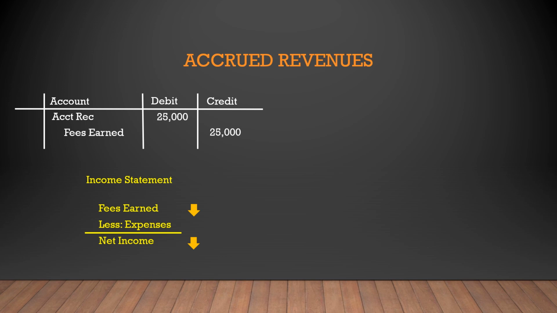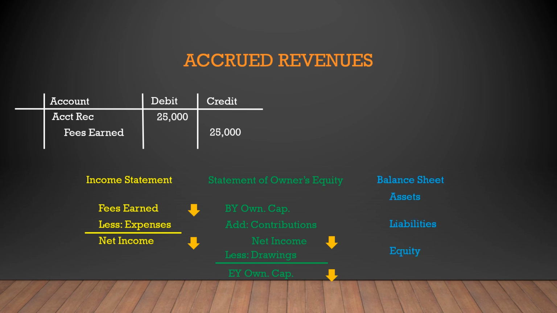Next, we build our statement of owner's equity, in which we start with beginning owner's capital, add in our contributions and our net income from the income statement, and subtract drawings. The understatement of net income will flow through here, causing ending year's owner's capital to be understated as well. Next, we build the balance sheet. We pull over our owner's capital from the statement of owner's equity, which was understated.